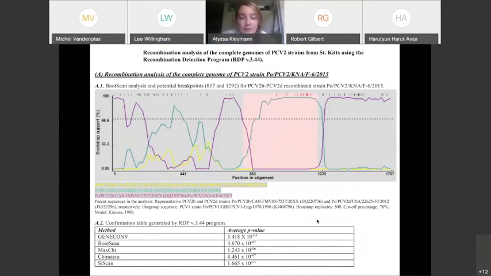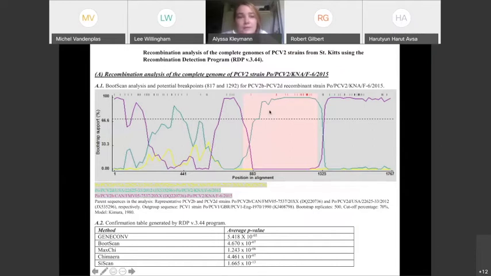And now I would like to delve a little more into the recombination analysis. So we used this program called RDP, which is the Recombination Detection Program. And the theory states that if the p-value is less than 0.01, and there are 2 or more methods that have this p-value of 0.01, then we can confirm and prove that a recombination event occurred.